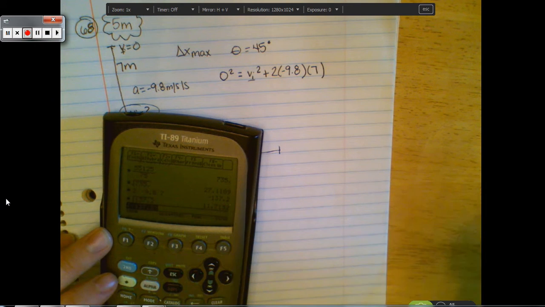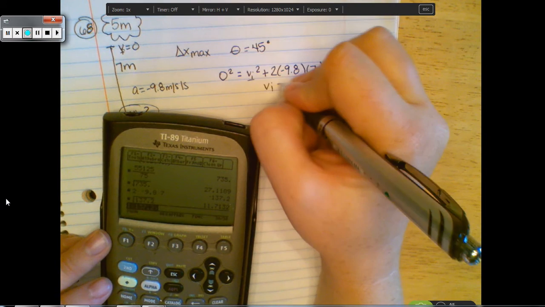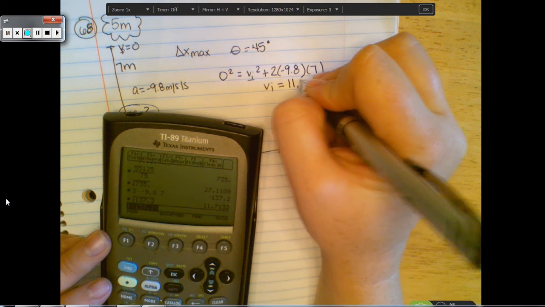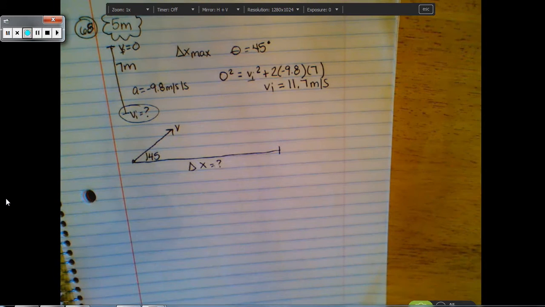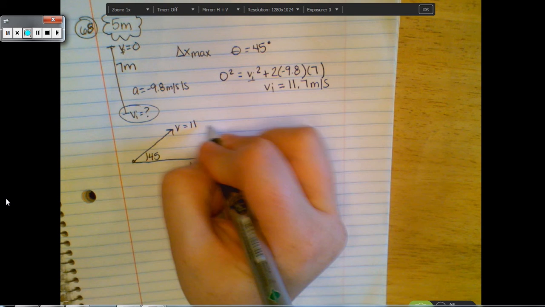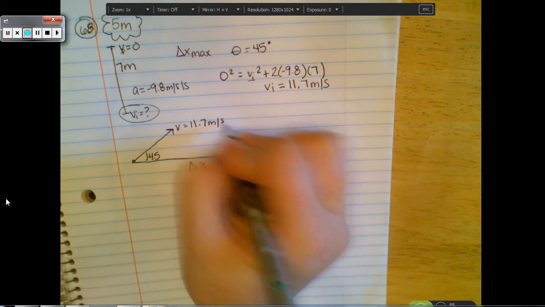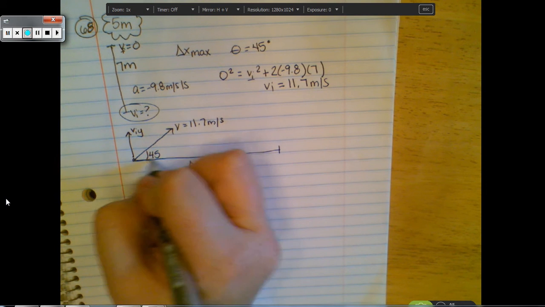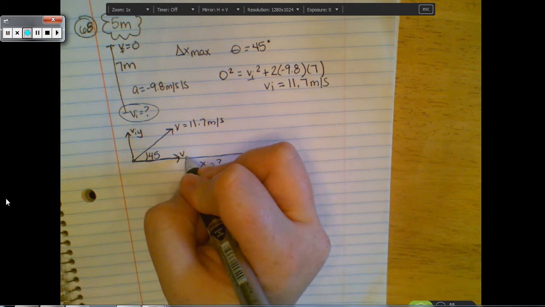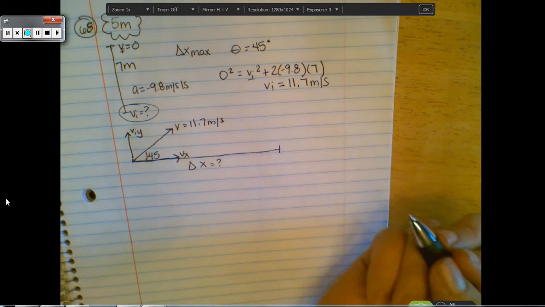And that will give me my VI. So VI equals 11.7 meters per second. Now, if I know this is 11.7 meters per second, I'm going to go ahead and find VIY and VIX, or VX, because it stays constant.